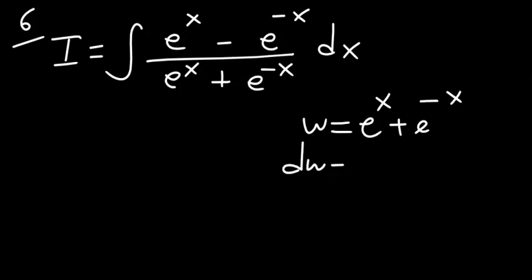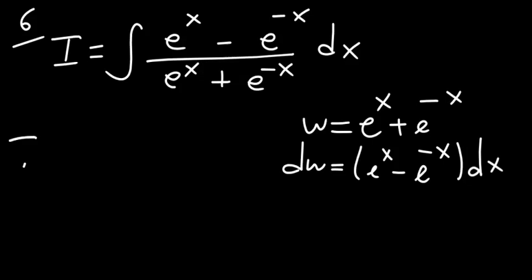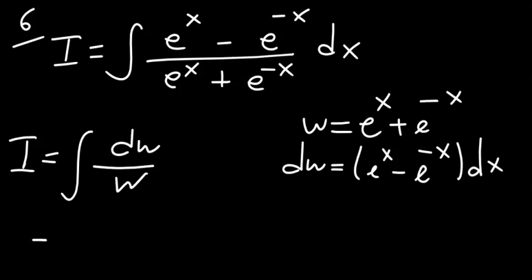So that means dw is e to the x minus e to the power minus x dx. So substituting this information inside the integral, we get I as dw over w, which is just natural log of w plus an integration constant, let's call it d.